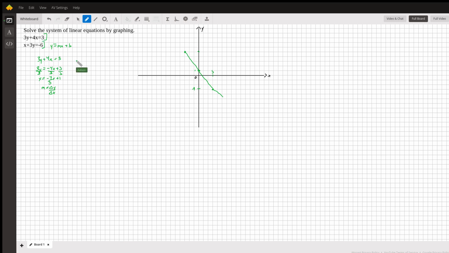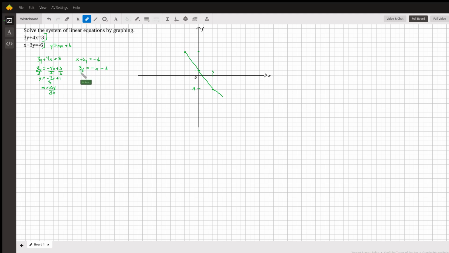So the second equation is x plus 3y equals negative 6. Okay, so let's get y by itself. So we get 3y equals negative x minus 6.